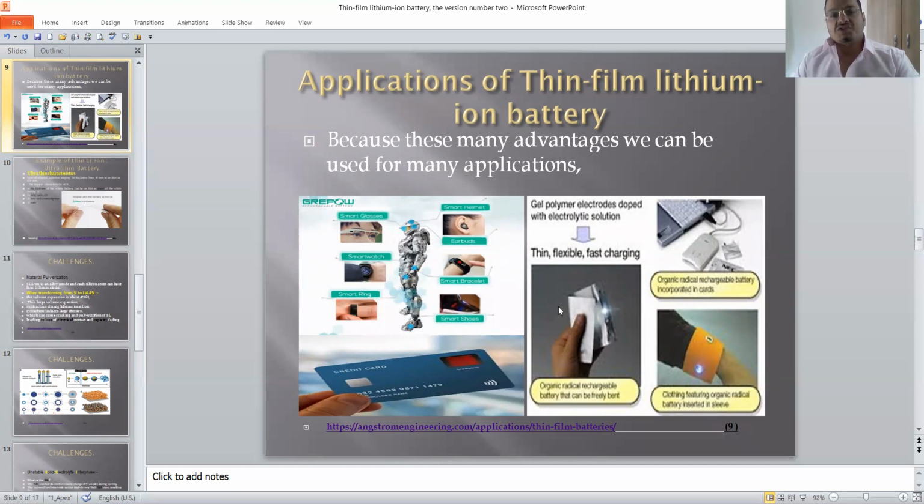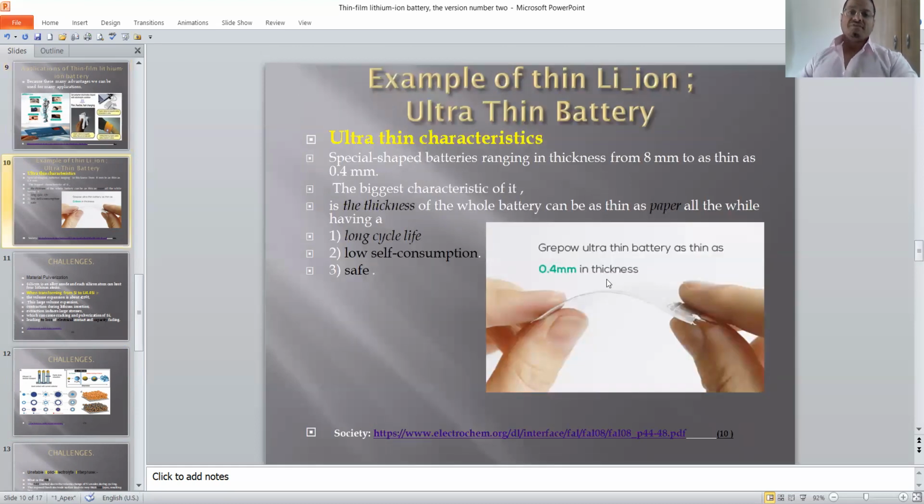And this picture explains the flexibility of this kind of battery. After a lot of research, I selected the ultra thin battery as a great example to illustrate this kind of thin lithium-ion battery.